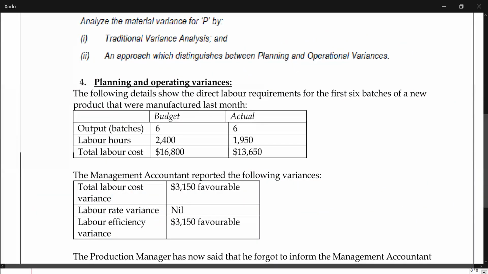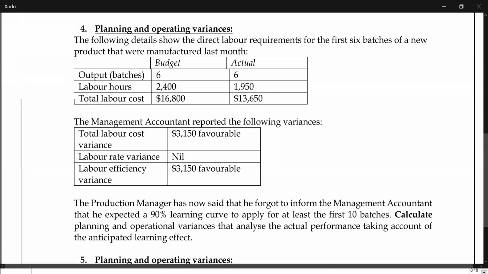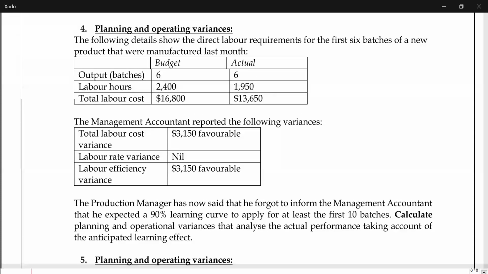We had done a few problems. Let's do question 4 now. The following details show the direct labor requirement for the first 6 batches of a new product. Output 6, labor hours 2400, actual 1950.